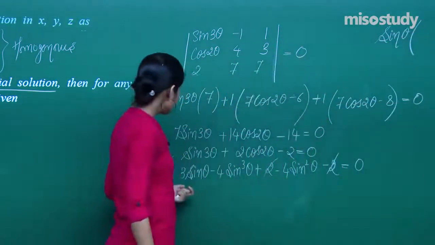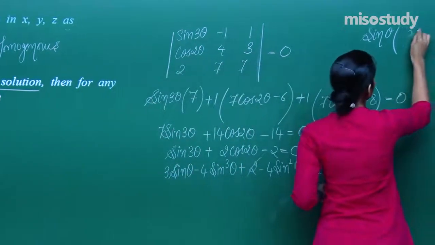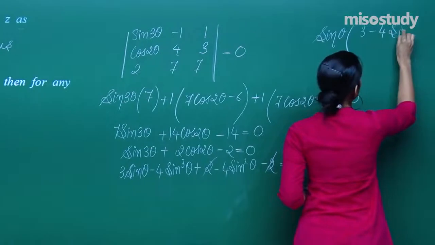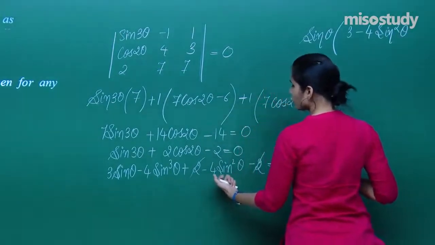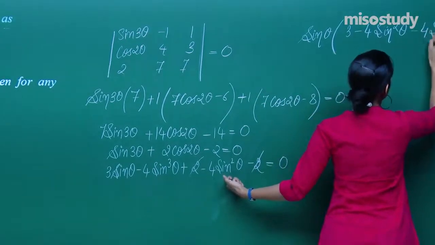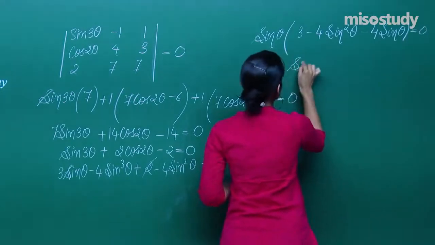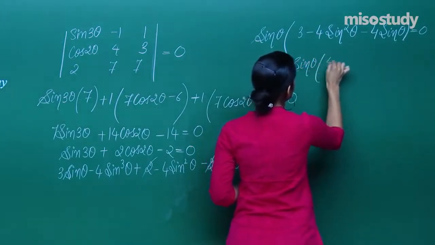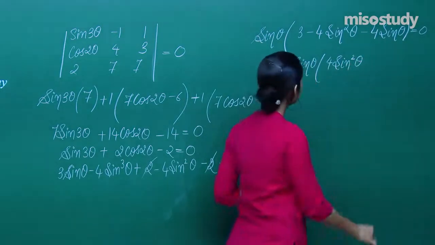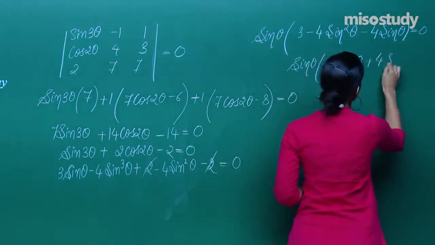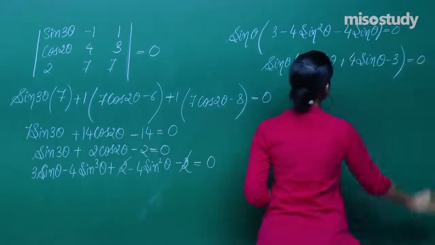What are you left with? You are left with 3 minus 4 sine square theta minus 4 sine theta. Or you can write it as sine theta, 4 sine square theta plus 4 sine theta minus 3 is 0.